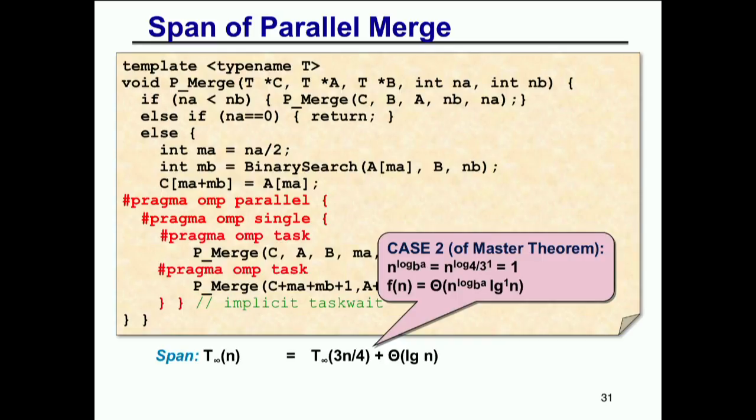So what do I need to do? I need to increase the power of log n, and multiply that with n to the log_b a, which I will get log squared n. Because these are polylogarithmically the same, n to the log_b a and f(n), I just increase the power of log n. Fine. Span is this, which is good.